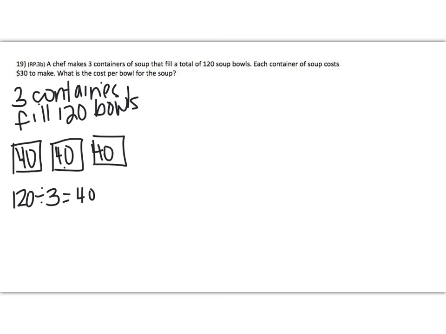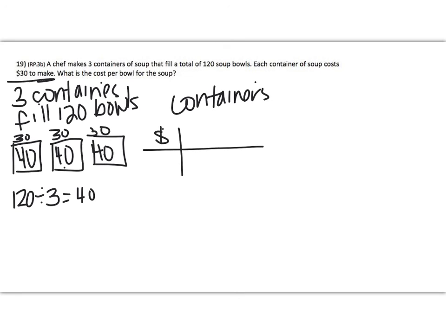And we know that each container costs $30 to make. And I got that from here. So if we are doing containers, it costs $30 to make 40 bowls.